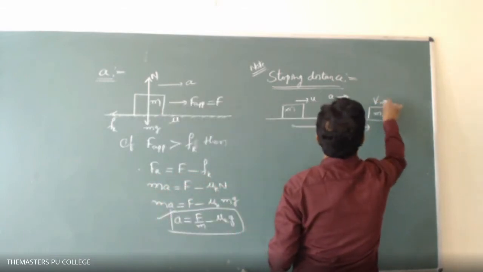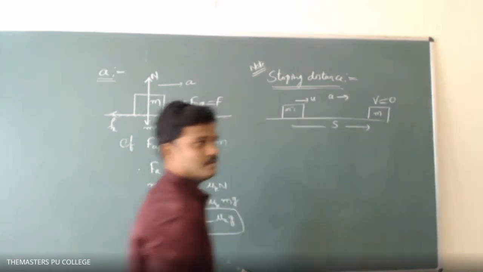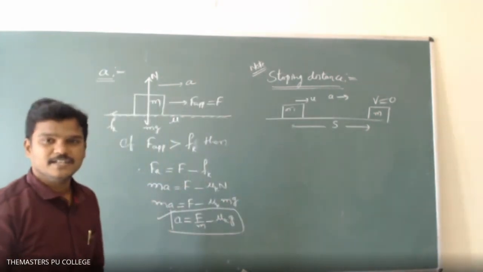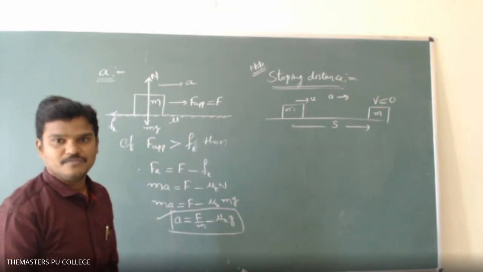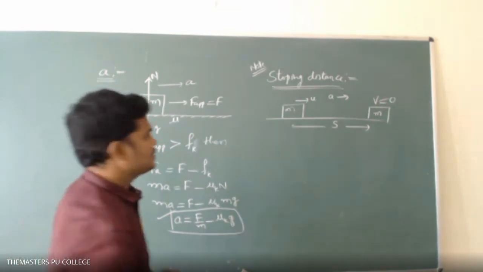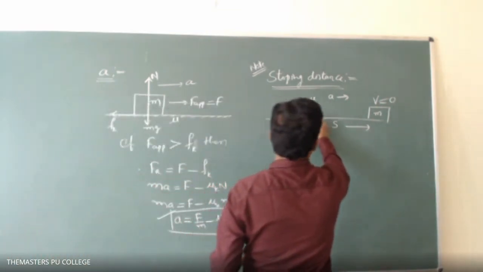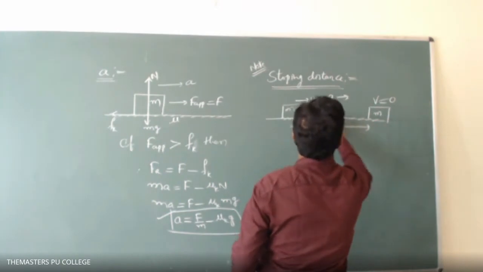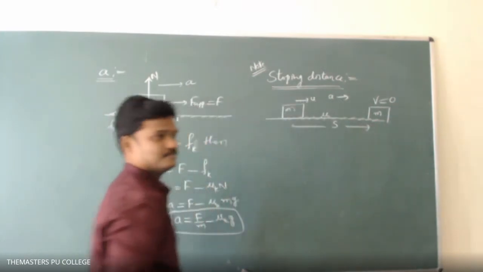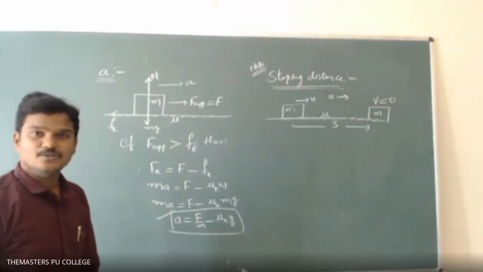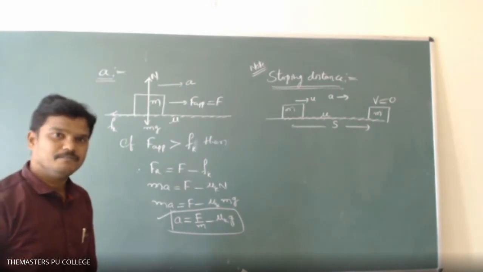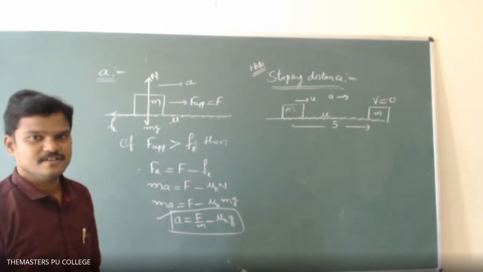The block comes to rest means what is v? V becomes 0. And mu is the coefficient of friction between the block and surface.